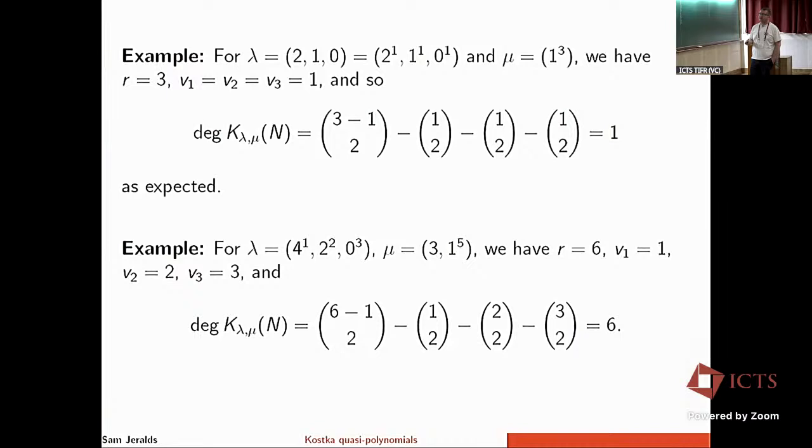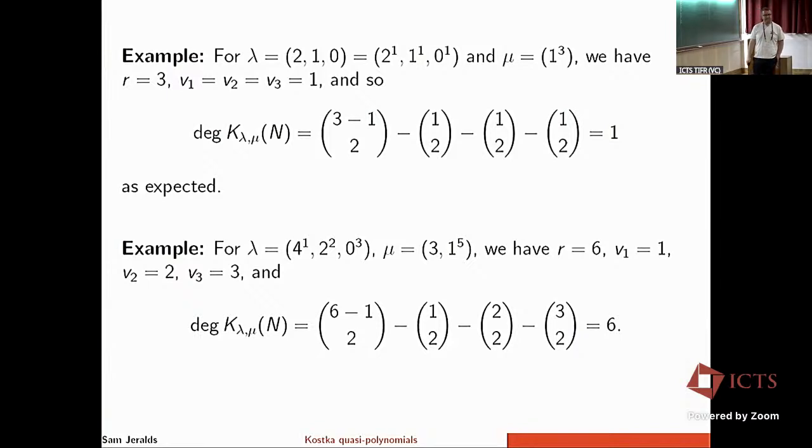So this is some degree 6 polynomial. And again, I think the magic here is that you get an explicit formula for the degree based just on very easy to read off data from the partitions. So not a particularly hard task.